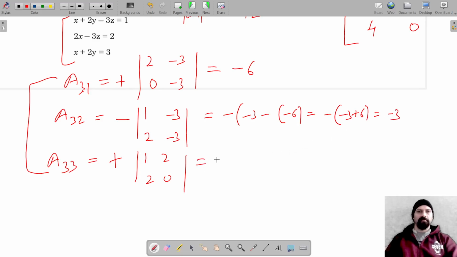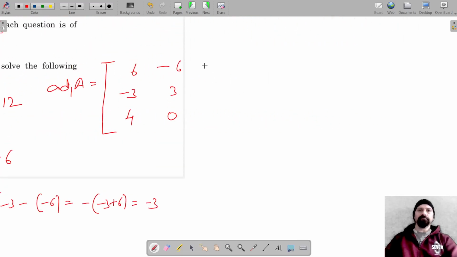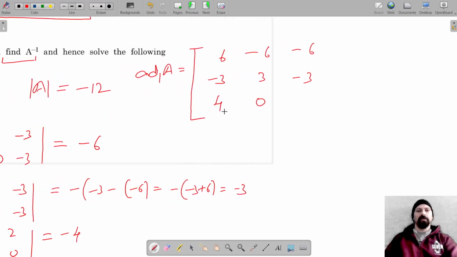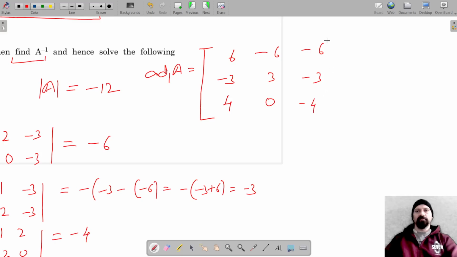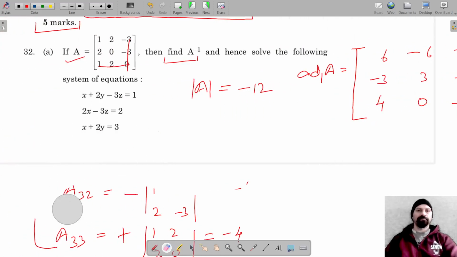And this is -4. So -6, -6, -3, and -4. This is the adjoint. So we have got the adjoint of A: 6, -6, -6, -3, 3, -3, 4, 0, -4. And let's find out now the A inverse.